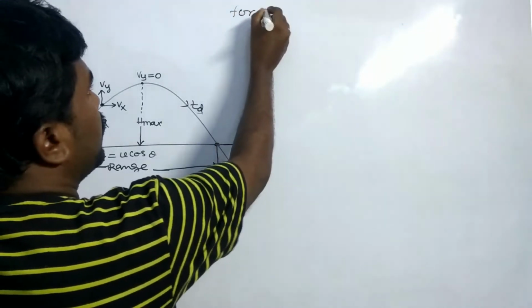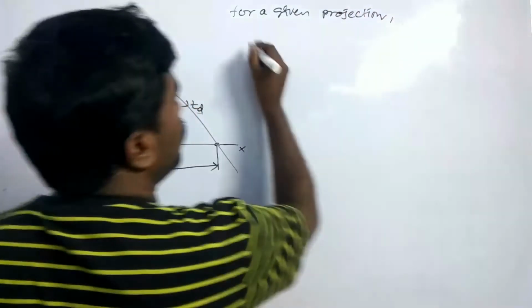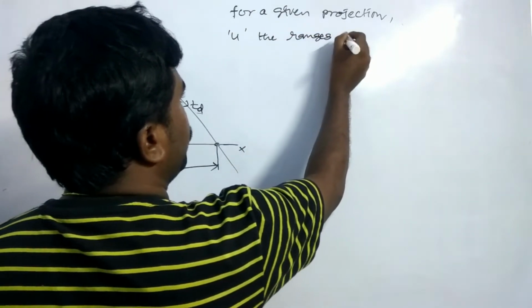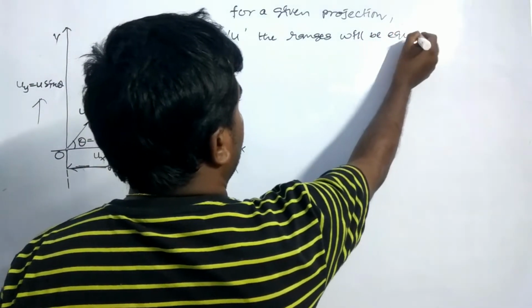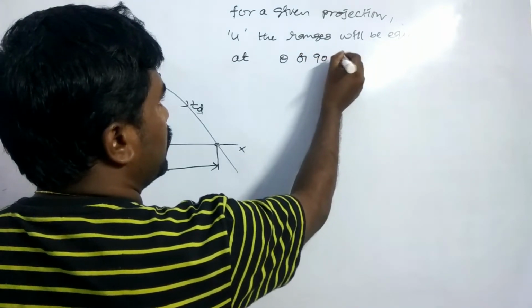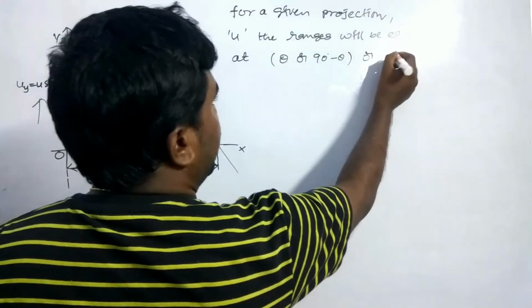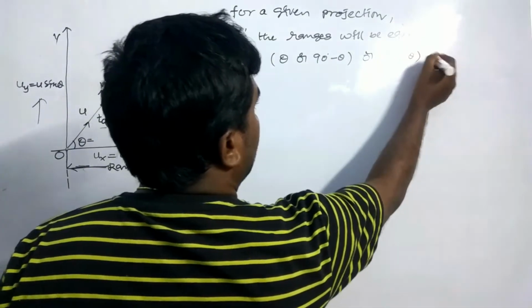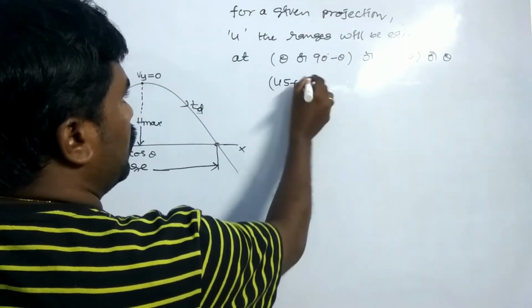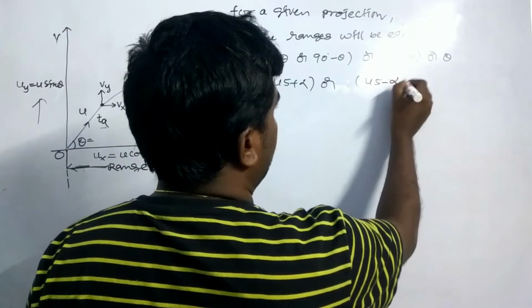For a given projection velocity U, the ranges will be equal at theta or 90 minus theta, or either 45 plus alpha or 45 minus alpha.